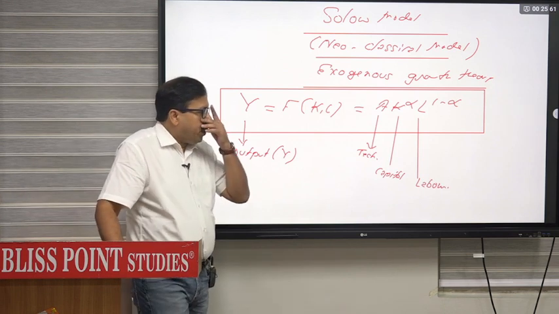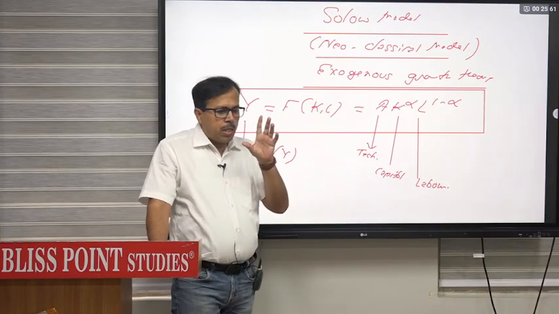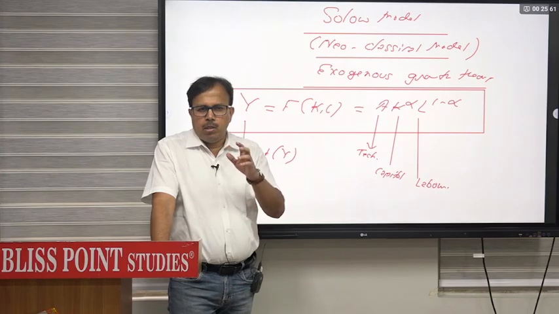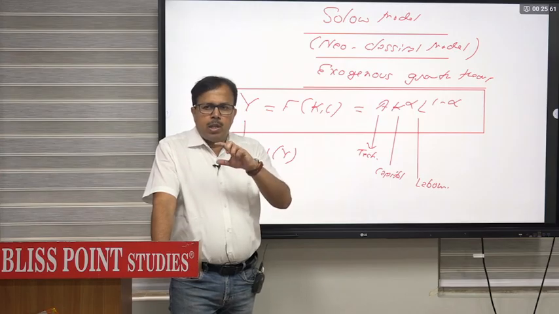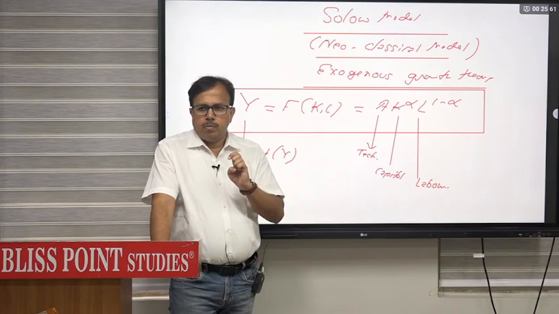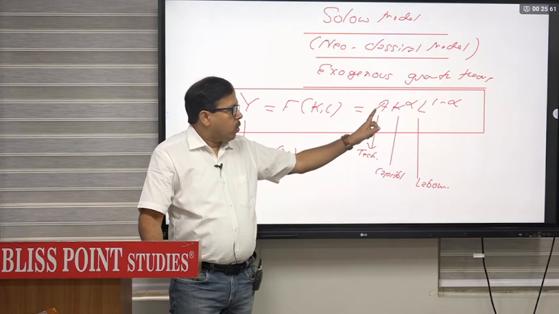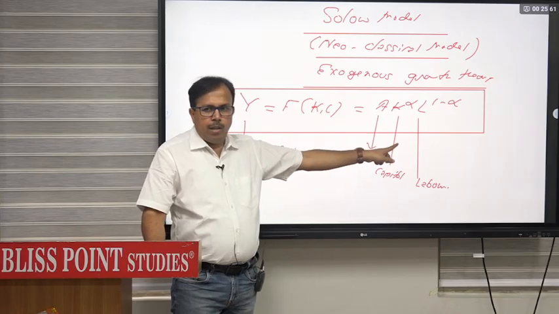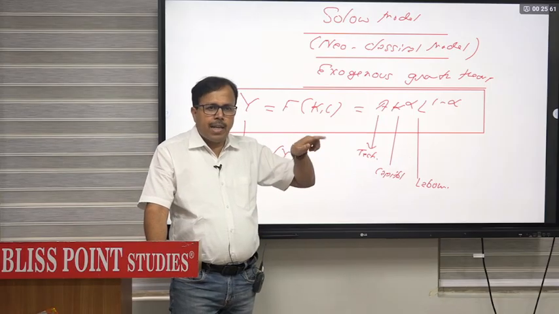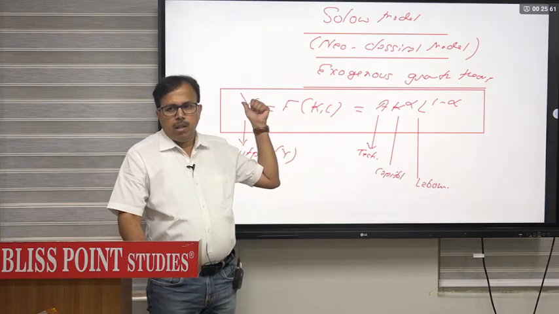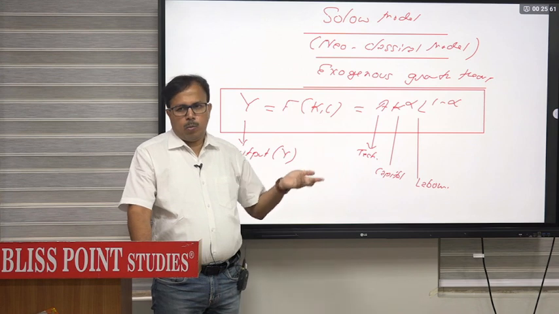Now if you have to just explain the main idea of the model, how can we explain it? Solow model is designed to examine how technology, capital and labor interact in an economy and how that interaction determines output and therefore growth of that output.